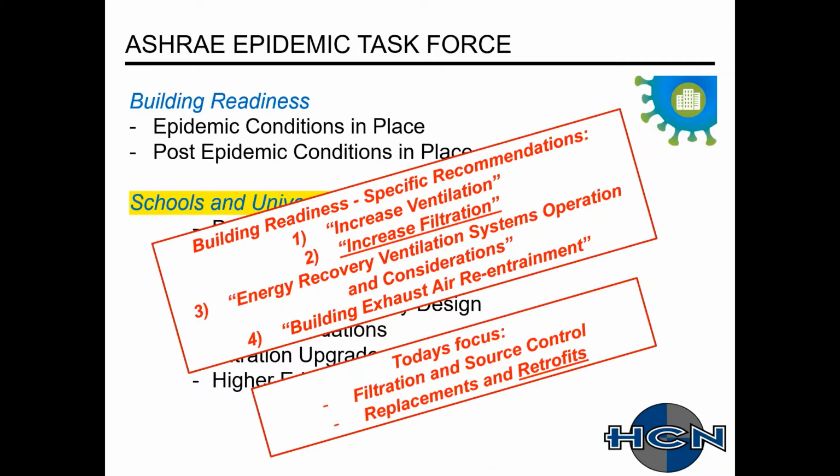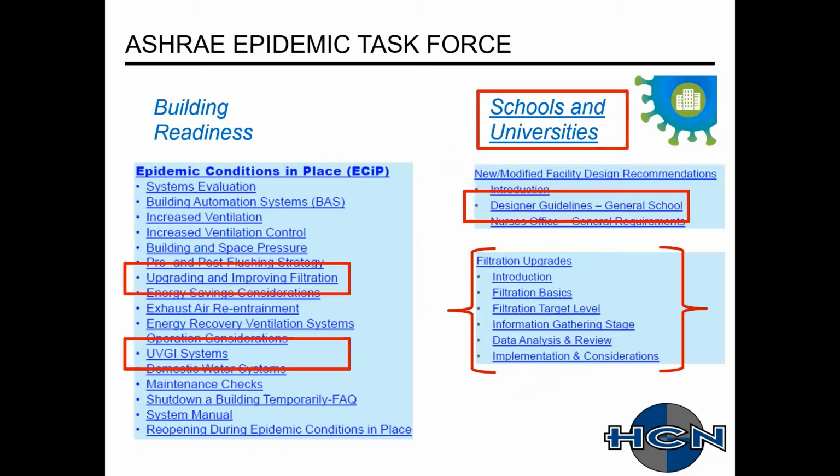And then, as I mentioned previously, we're going to talk about replacements and retrofits, but really the topic today is going to lend itself mostly to retrofits. All right, so digging down into the two publications for building readiness under epidemic conditions in place, I've highlighted two items. One is upgrading and improving filtration.